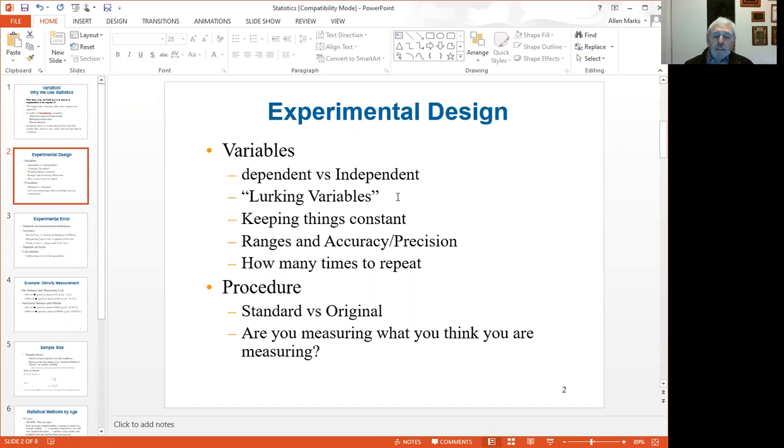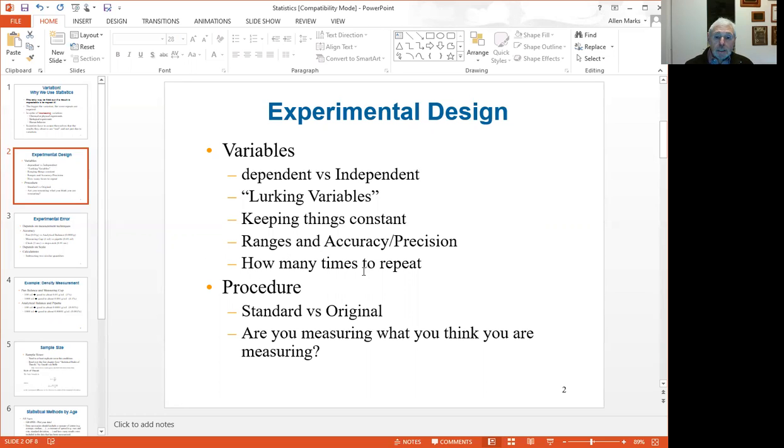These are variables that you don't know about, or they make an effect on your results that you're not aware of. And that's why you need to think about them and need to keep certain things constant. You need to decide on ranges and have a measure of the accuracy and precision of your measurements. And that you generally do using pilot experiments, which I talk about in another video.